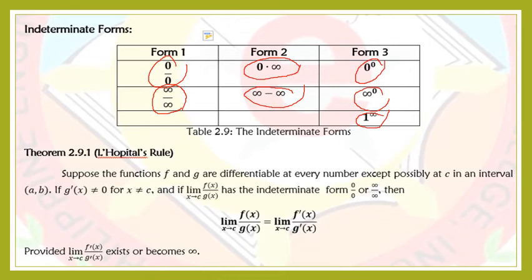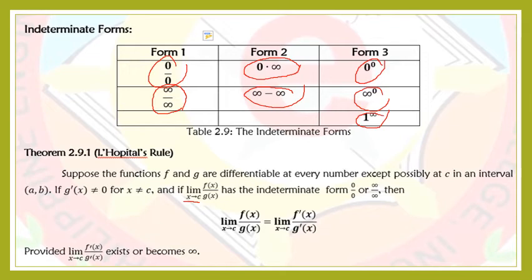Ito yung first topic natin before tayo proceed sa differentiation or derivative of the function. If limit of f of x divided by g of x as x approaches c has indeterminate form 0 over 0 or infinity over infinity, then, okay, ito yung form 1.